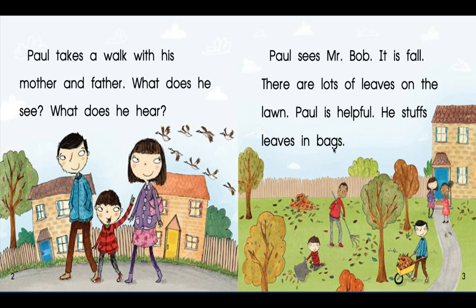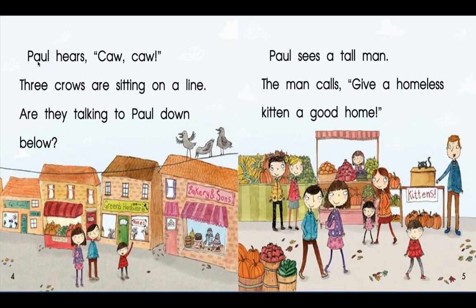He stuffs leaves in bags. Paul hears caw, caw. 3 crows are sitting on a line. Are they talking to Paul? Down below, Paul sees a tall man. The man calls, give a homeless kitten a good home.